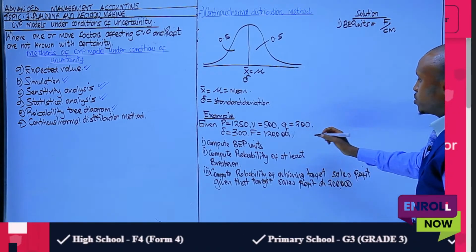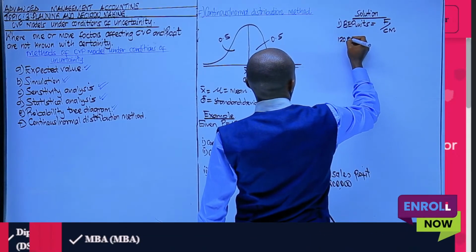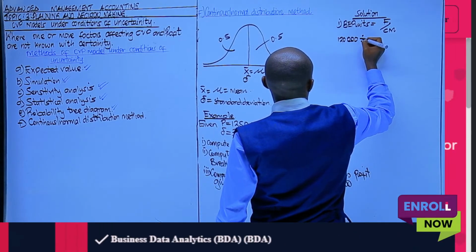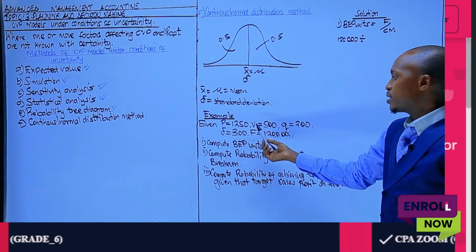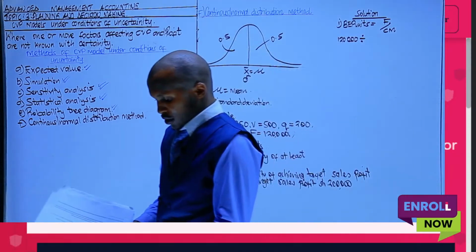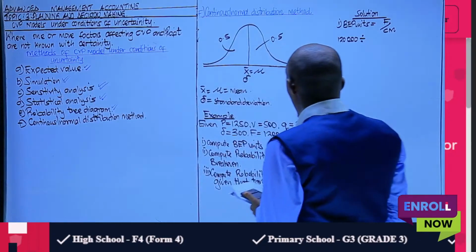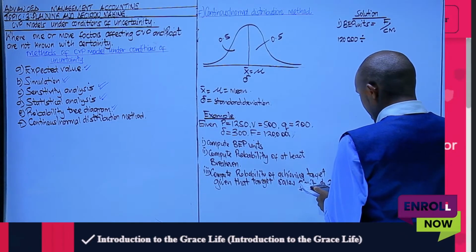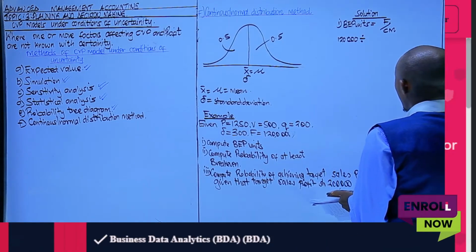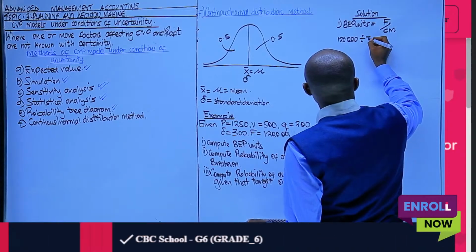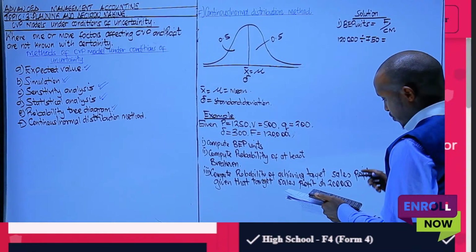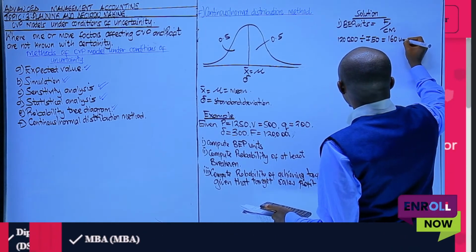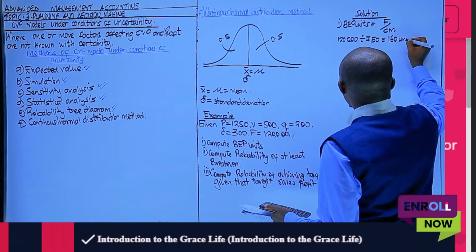The contribution margin is the difference between your selling price per unit and your variable cost, which will be 1250 minus 500. That should be 750. So therefore, your break-even point will be 160 units.